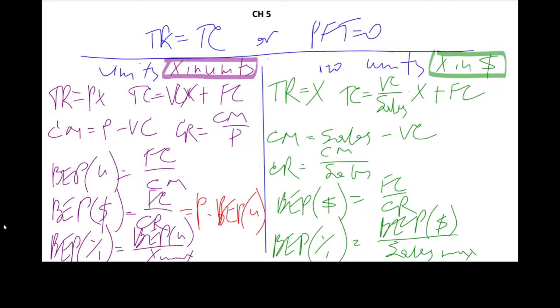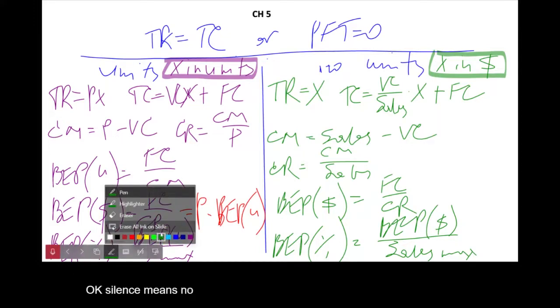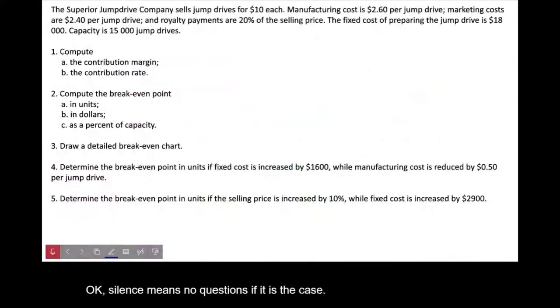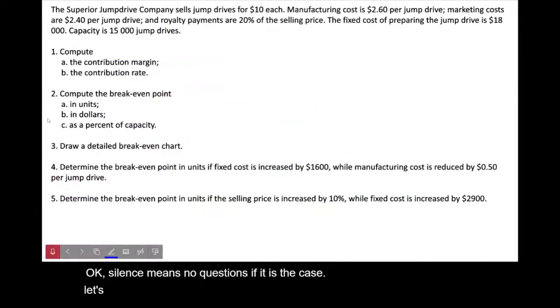Okay, silence means no questions. If that is the case, let's continue with what I prepared.